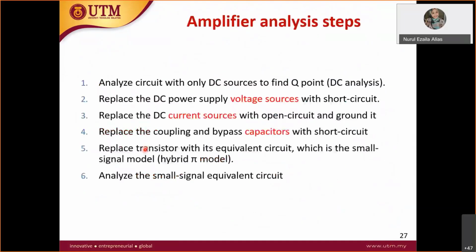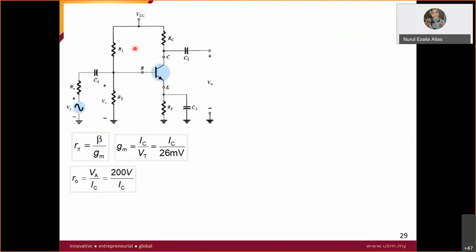If you still remember this type of circuit, which is the voltage divider, you have to simplify this circuit and get the AC analysis. What you do is the capacitor will be shorted, and VCC will be grounded. So C1 is shorted, C2 is shorted, now C3 is shorted.